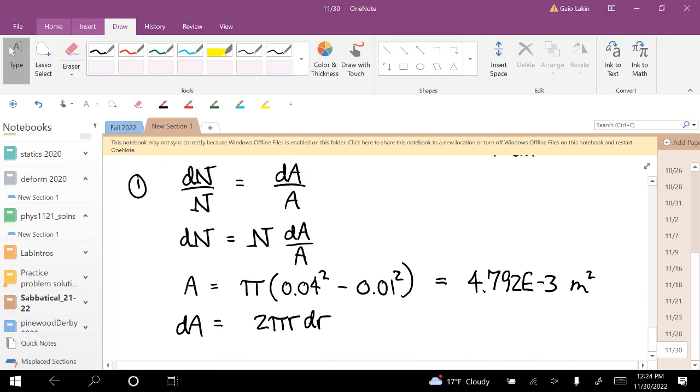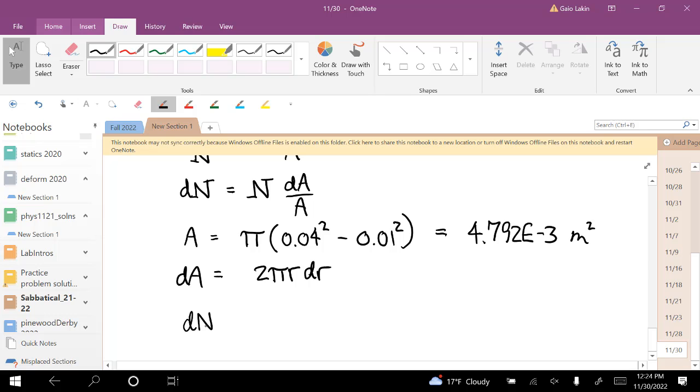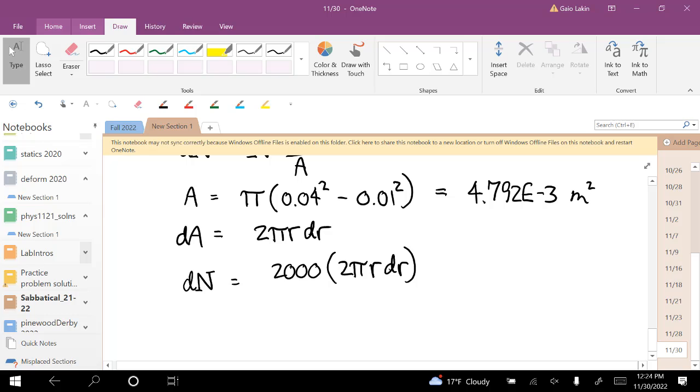Okay, so dN is equal to 2,000 times 2 pi r dr divided by the total area, which is 4.792 times 10 to the minus third. Can someone multiply out all those numbers?